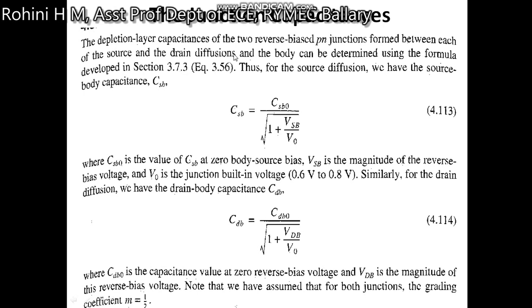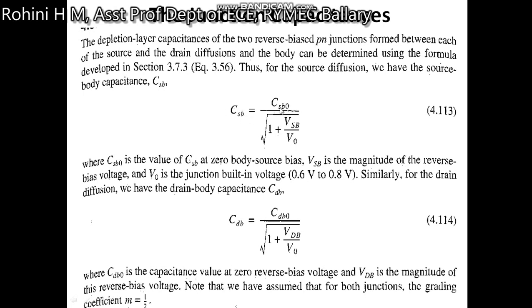Depletion layer capacitances are of two reverse-biased PN junctions formed between each of the source and drain diffusion and the body, and can be determined by using the formula. For source diffusion we have one capacitance, from source to substrate, source to body.